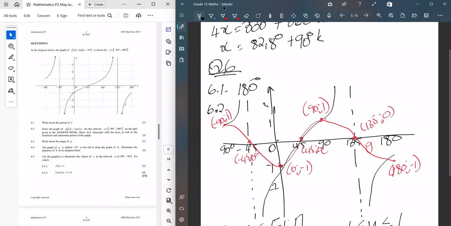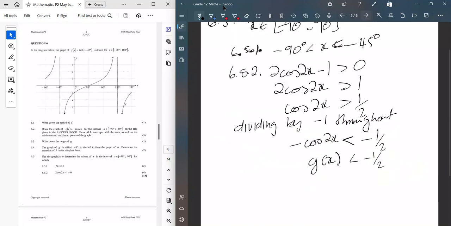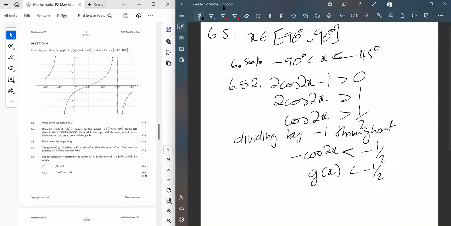Remember, you will have drawn this thing to scale. But I'm going to show you why I'm saying 30 degrees. So x is greater than negative 30 degrees, but less than positive 30 degrees.